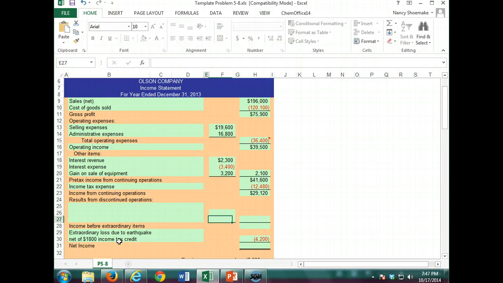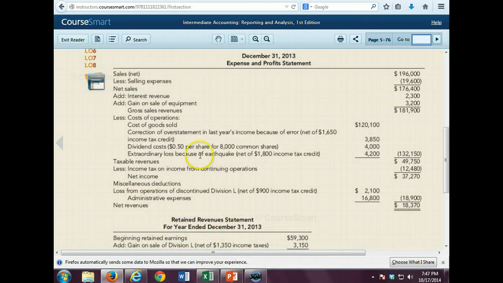What are our discontinued operations, guys? Division L? So we've got loss from operations of discontinued Division L here, 2,100, right?